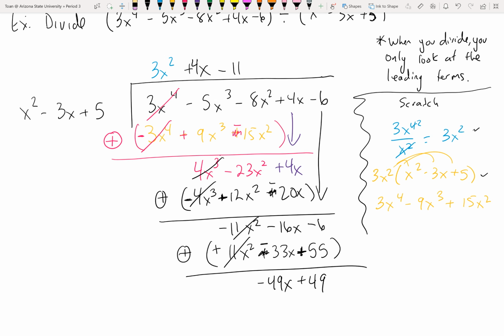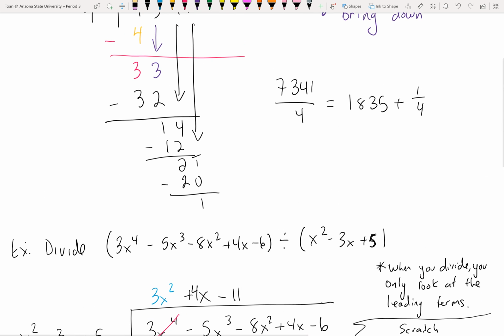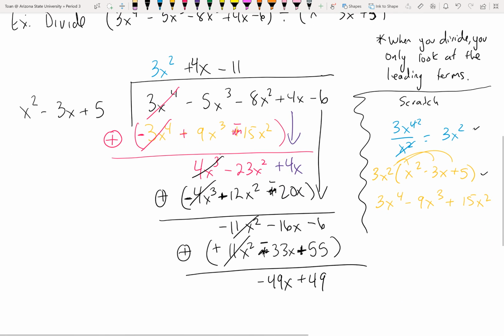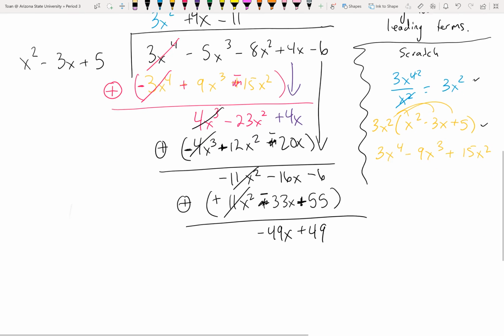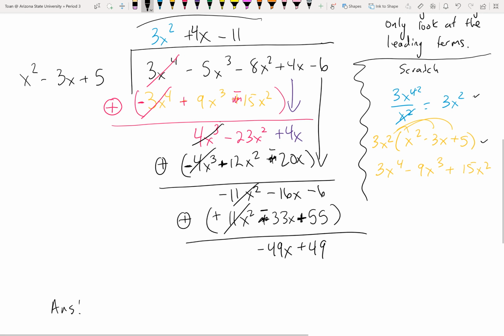But what do I submit? I mean, I would not take this piece of paper and show it to your professor. No, they're going to say, what is this mess here? This is your scratch work. Just as before, we do want to write our answer nicely and cleanly. So your answer, your quotient, will always be up here. So if I ask you to divide these 2 polynomials, what I would submit as my answer is your quotient up here.